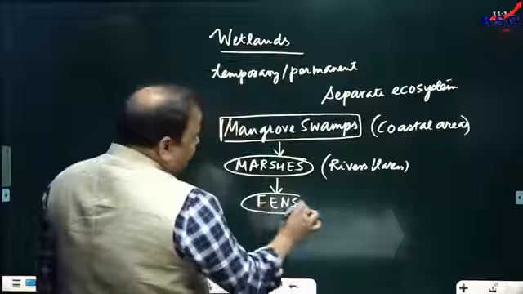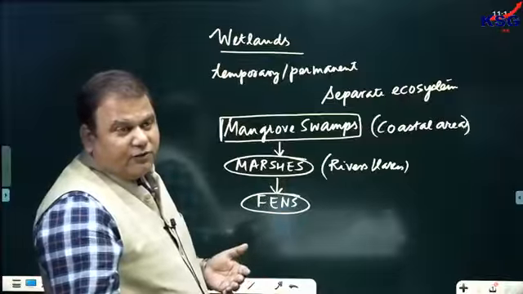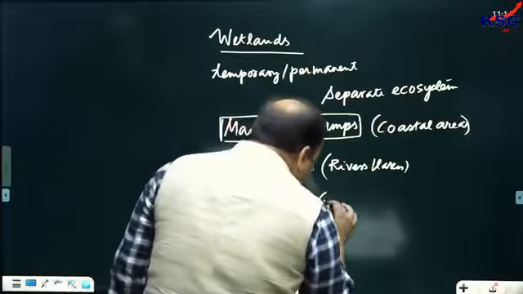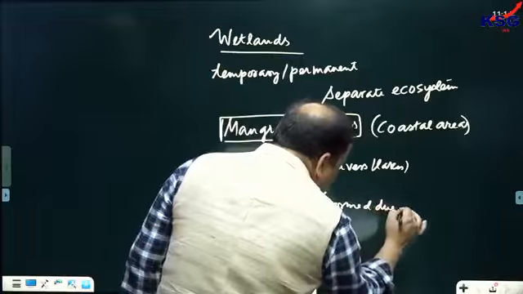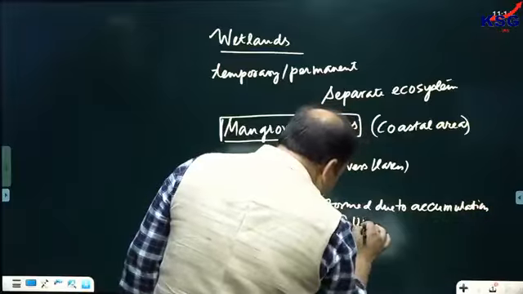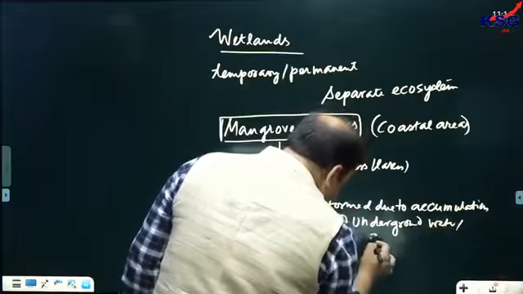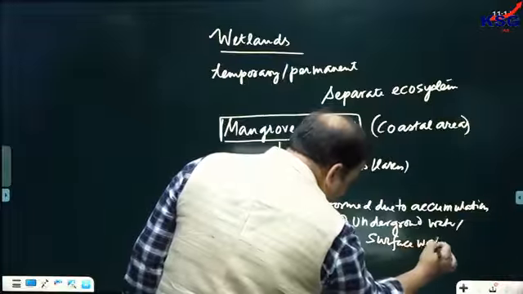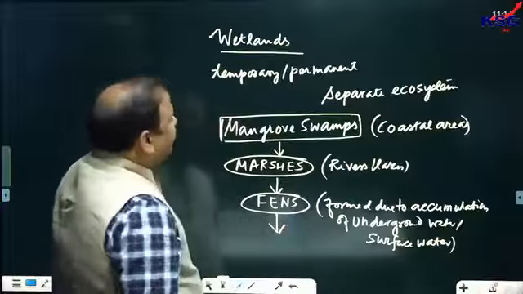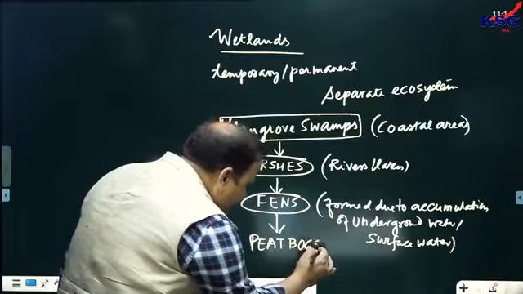And what are fens? Fens are wetlands which are formed due to accumulation of underground water or surface water, followed by peat bogs.